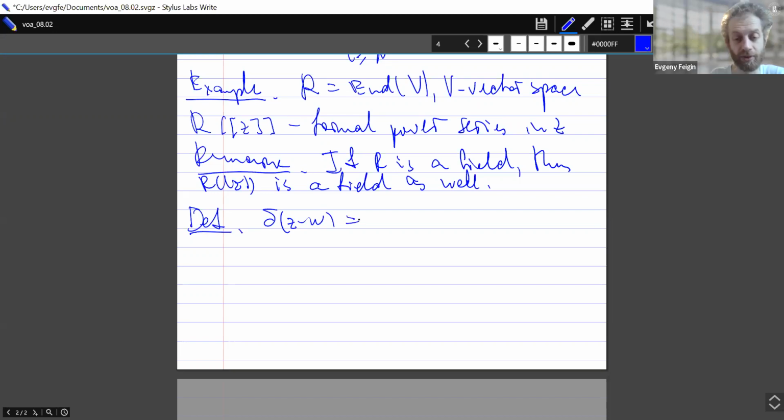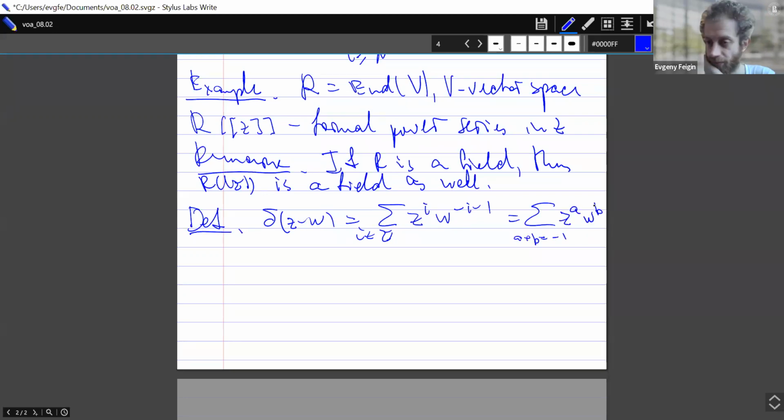This is a formal series: the sum of z to the i w to the minus i minus 1. In other words, this can be written as the sum over a plus b equals minus 1 of z to the a w to the b. This is the formula.